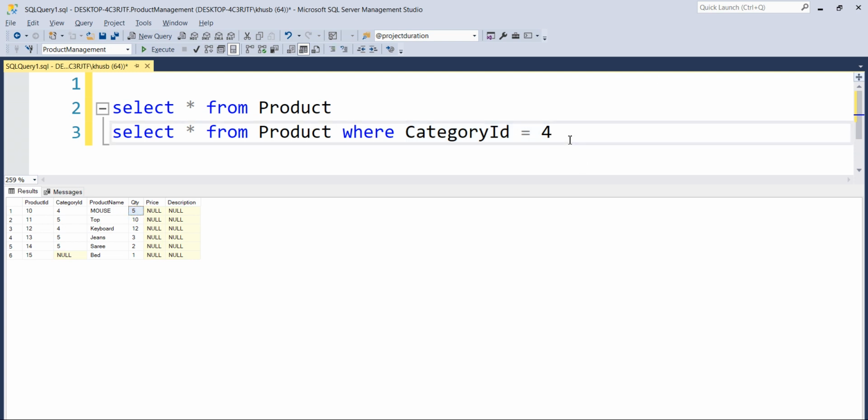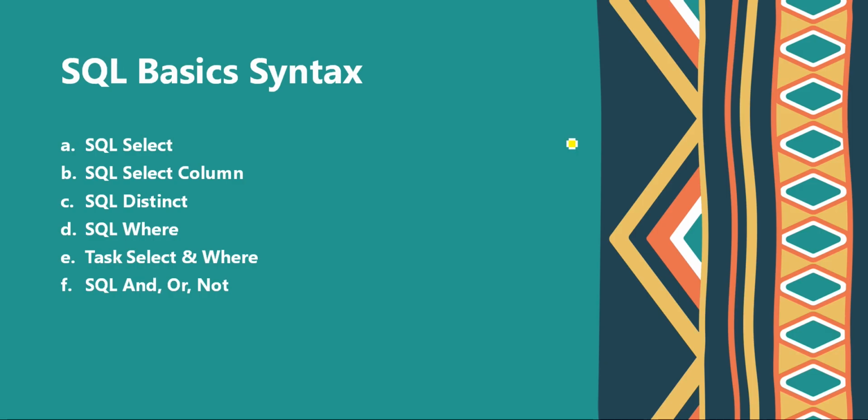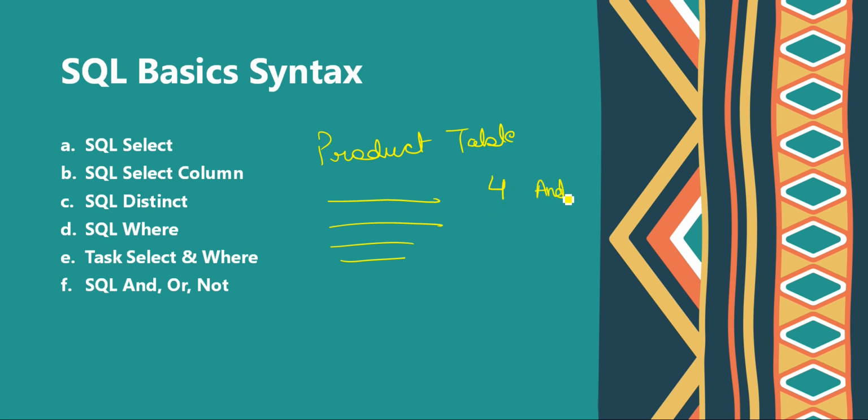Now one more condition I want to apply. In our product table, I want all the products which have category ID 4 and the quantity of the product should be greater than 10. So basically we have two conditions now, and we can use the where clause only one time.